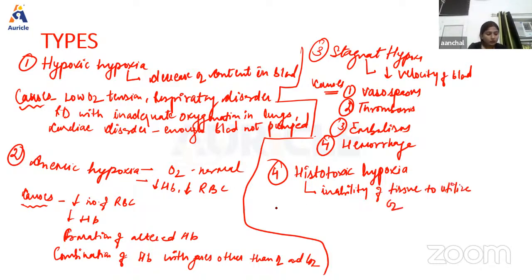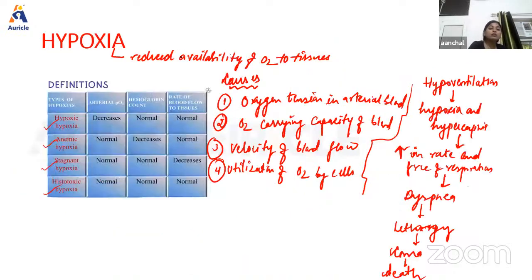And what are the causes? The causes usually occur in cyanide poisoning. So what is cyanide poisoning? These poisons basically destroy the cellular oxidative enzyme, and there will be complete paralysis of the cytochrome oxidase system. So even if oxygen is supplied properly, the tissues will not be able to utilize it. Okay, so this is all about the hypoxia types.